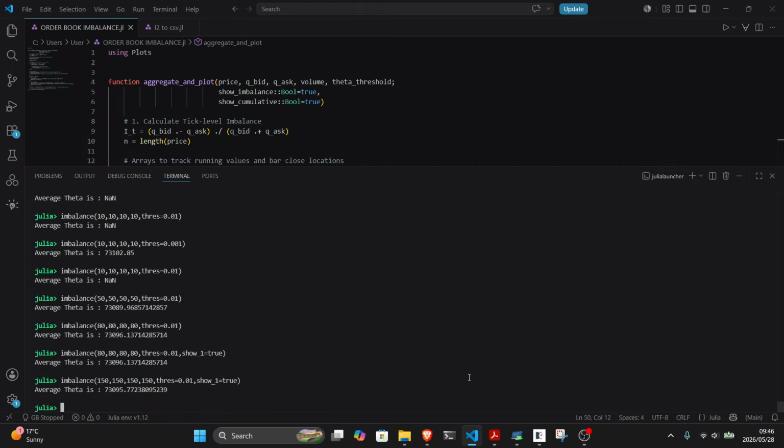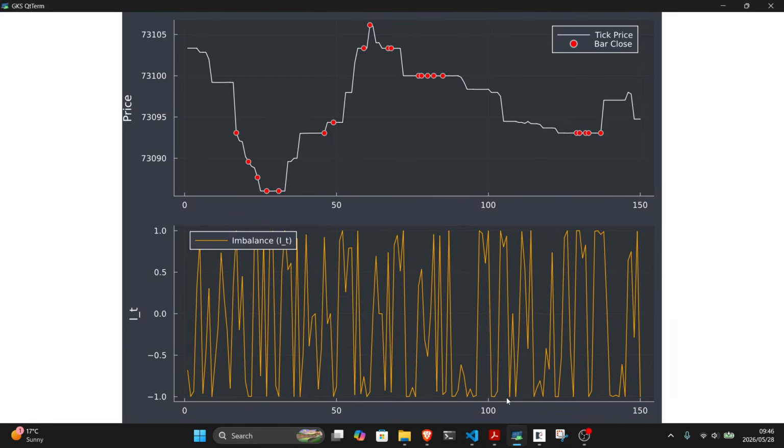Let's look at it. As you can see, this is our cumulative imbalance. It's all over the place, but the bar closes obviously represent our condition where the absolute value of theta sub t is greater than or equal to theta sub threshold. And our threshold is 0.01.